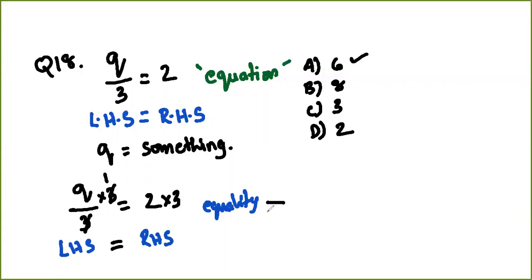So what happens now is I have got q multiplied by 1 over here, and I have got 2 multiplied by 3, which is 6. And q multiplied by 1 is just q. Even though I don't know what exactly q is, I know mathematically any number multiplied by 1 is equal to the same number. And there the answer pops out, q is equal to 6. So that's how you show the working in terms of algebra.